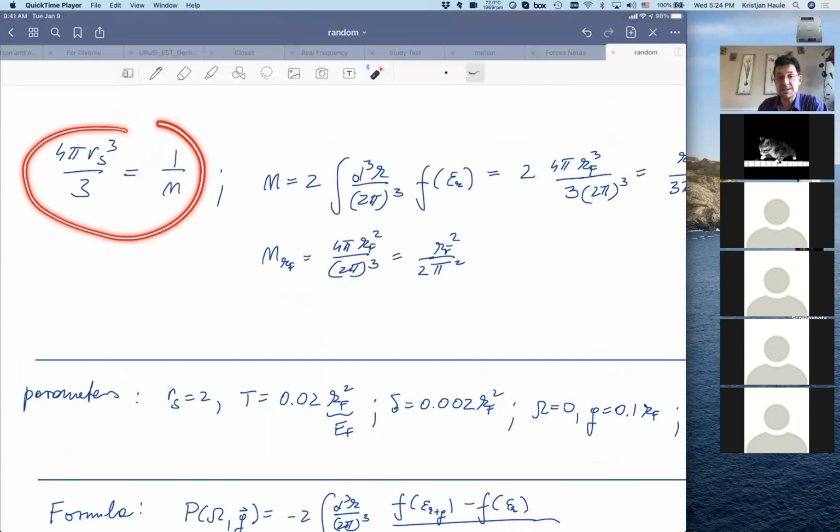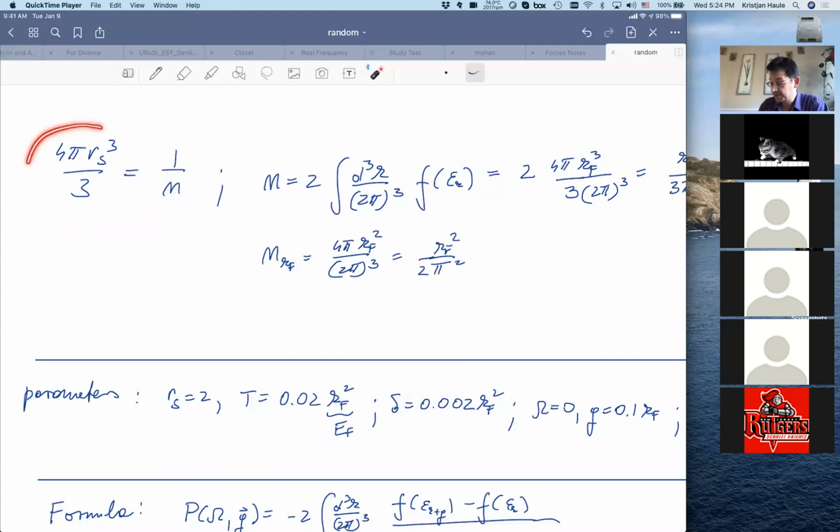If the volume is 1 over the density, that means that rs measures the average distance between electrons, and it's just another way of measuring the density. So instead of saying that the density is some number 0.123, we rather say that rs is 1 or it's 2 or something like that.